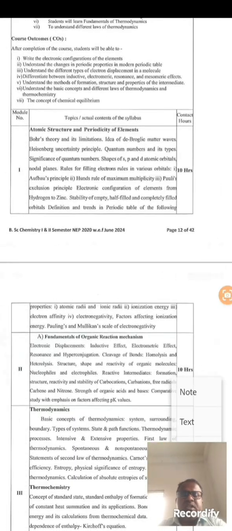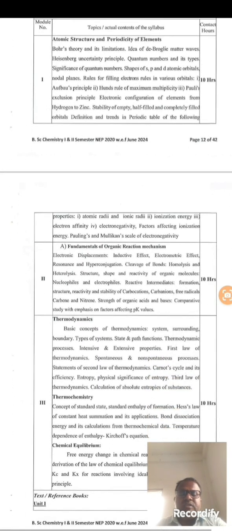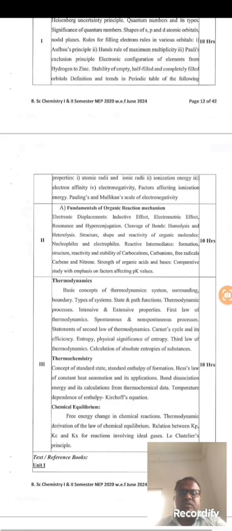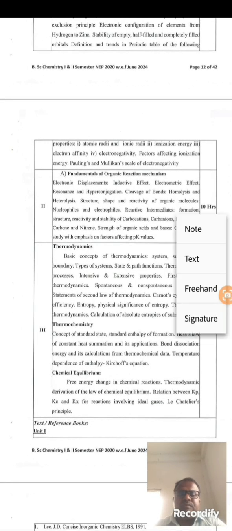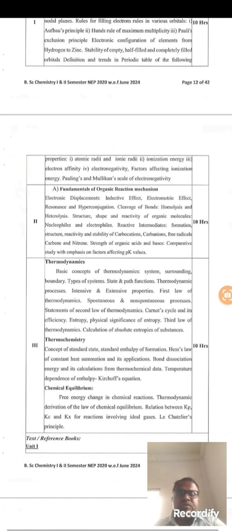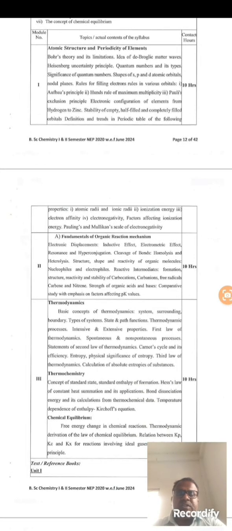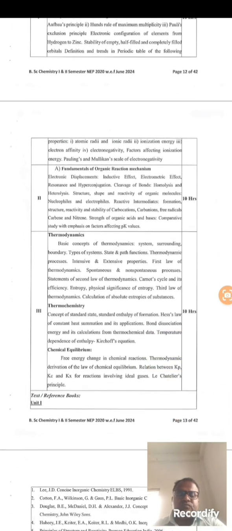First is atomic structure and periodicity of the elements, the second chapter is fundamentals of organic reaction mechanism, and the third chapter is thermodynamics, thermochemistry and chemical equilibrium. For each chapter 10 marks are distributed.